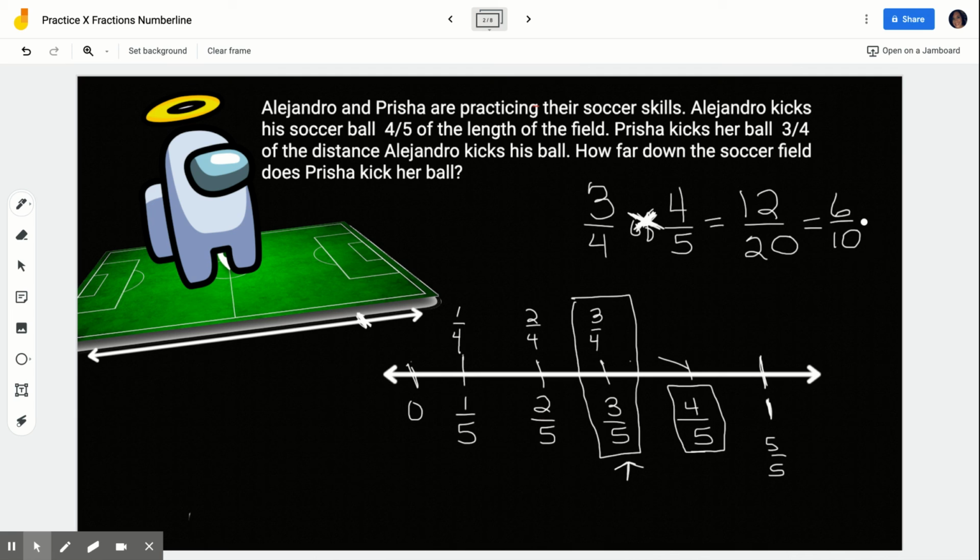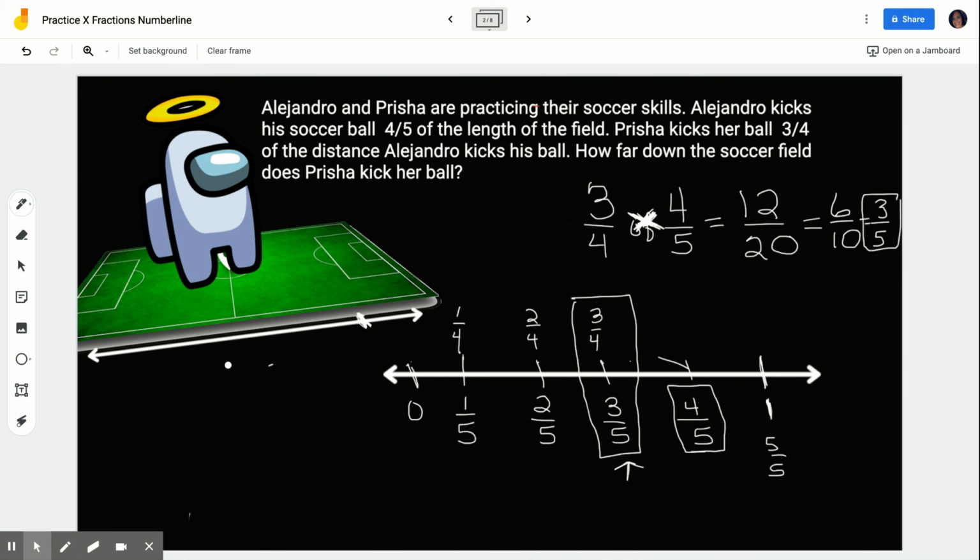Looks like I can divide again by 2, both even numbers. 6 divided by 2 is 3, and 10 divided by 2 is 5. So our answer checks out as 3/5. So the answer is, how far down the soccer field does Prisha kick her ball? Prisha kicks her ball 3/5 of the way.